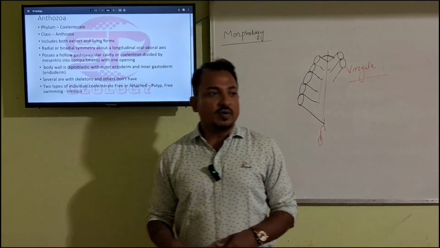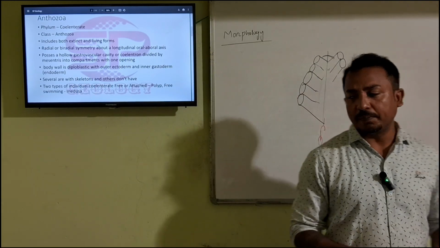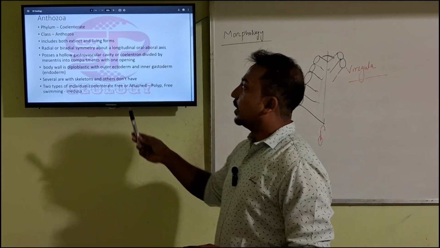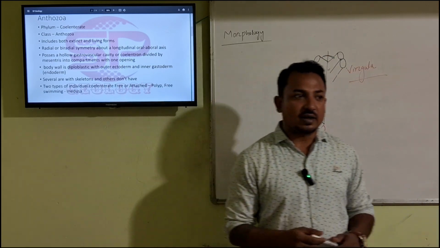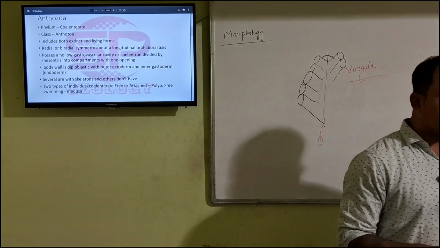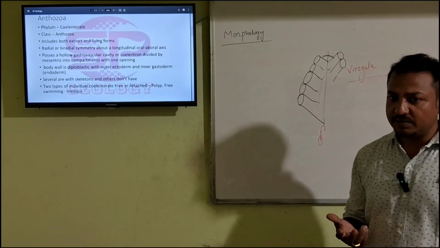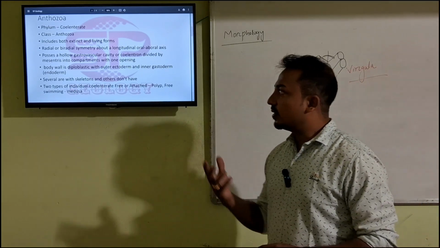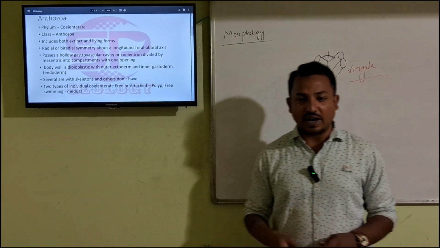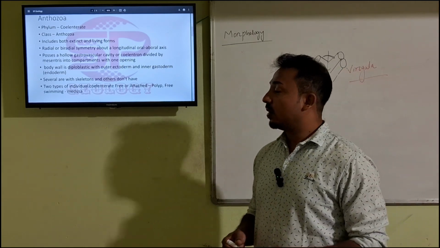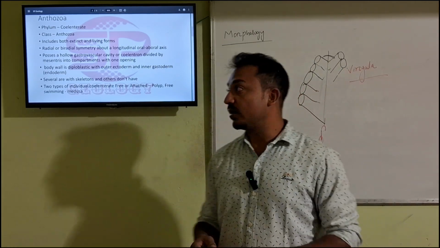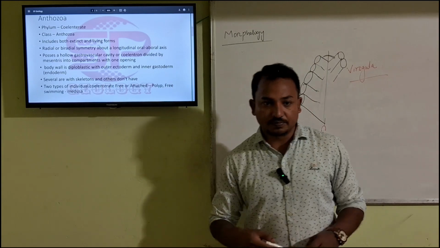It includes both extinct forms and living forms. They have radial and bilateral symmetry, and most importantly, the coelenteron possesses a hollow gastrovascular cavity.